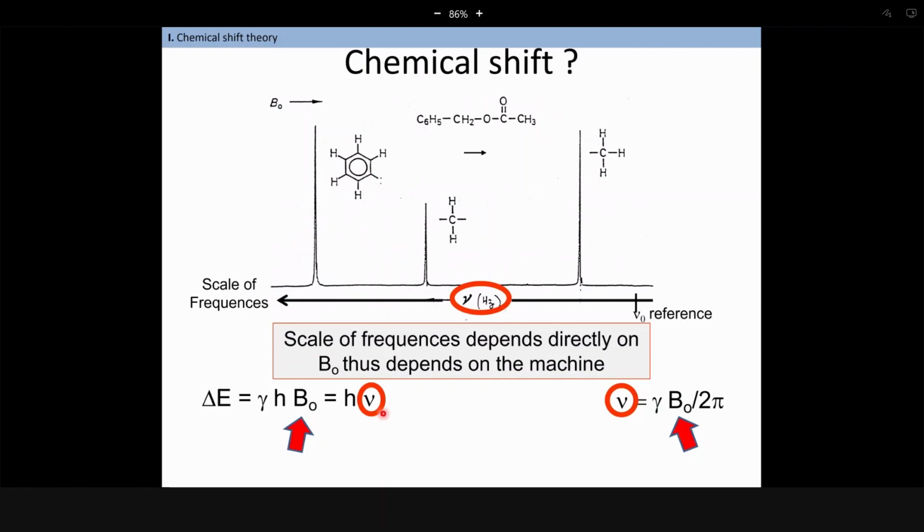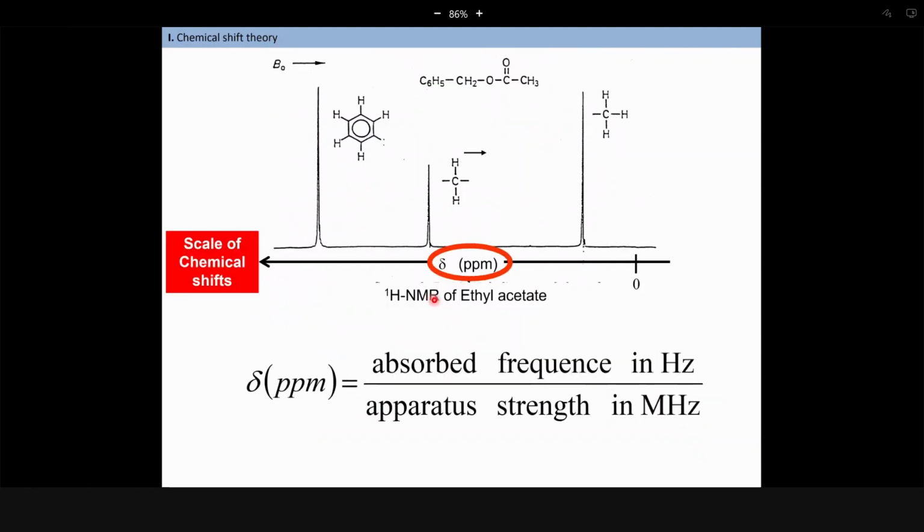So to homogenize the results and to be able to compare them around the world, we calculate the scale in another way, and we transform the frequency into chemical shift, the scale of chemical shift, which is symbolized by the letter delta.